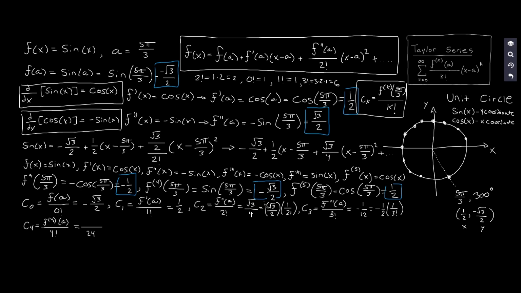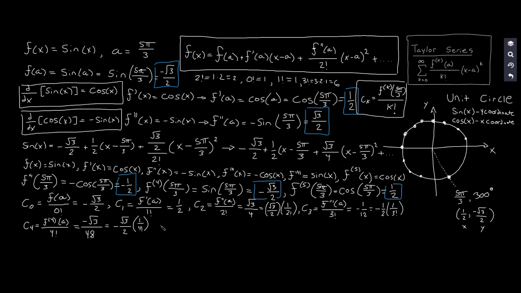I'm trying to think about how we could reciprocate this. So 24 times 2 is 48, and it's going to be negative root 3 over 48. We could also write this as negative root 3 over 2 times 1 over 4 factorial.